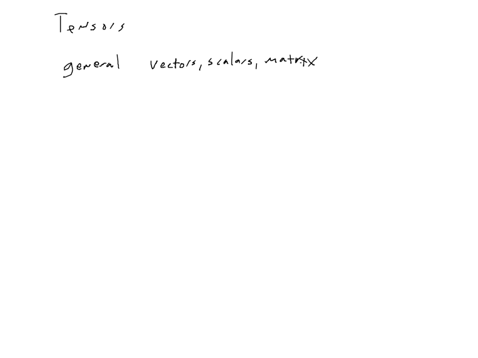So the idea is that a scalar is an object that's just a simple number. We call this a rank 0 tensor, and you'll see why in a minute. A vector is a set of 3 real numbers in 3-dimensional space, and we'll call this a rank 1 tensor.